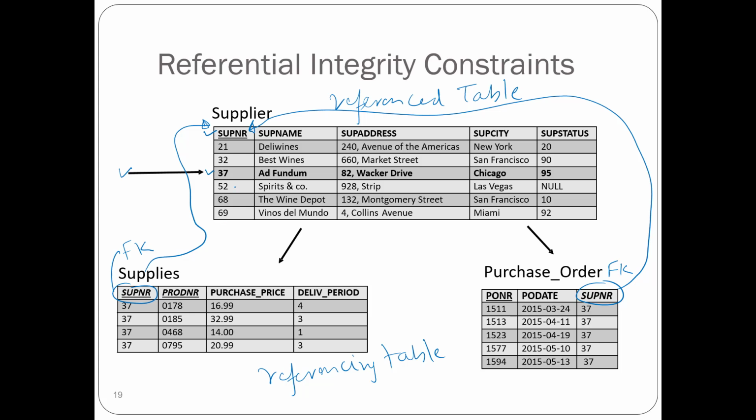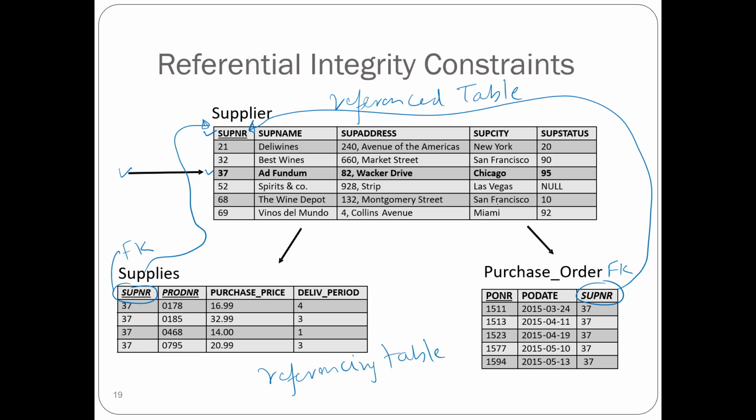For supplier 37 we have the corresponding tuples from supplies. For these 1, 2, 3, 4 tuples from supplies, if you look at their supplier number, it's the same, 37. That means these 4 tuples in supplies are referring to the supplier tuple whose name is Ad Fundum, address is 82 Wacker Drive, Chicago.